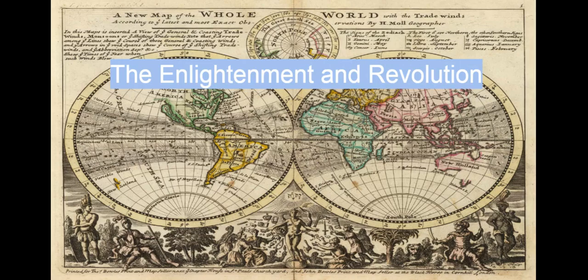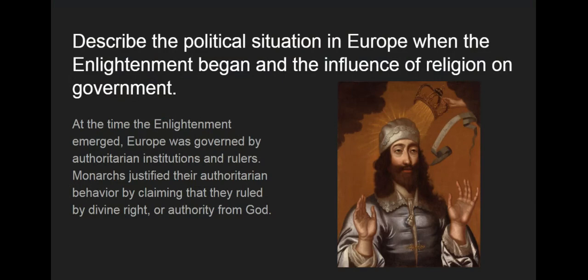Okay, so now we're moving on to the Enlightenment and Revolution. So, what was the political situation in Europe when the Enlightenment began, and how did the influence of religion have on the government? So, at the time that the Enlightenment period emerged, Europe was being governed by authoritarian institutions and rulers.